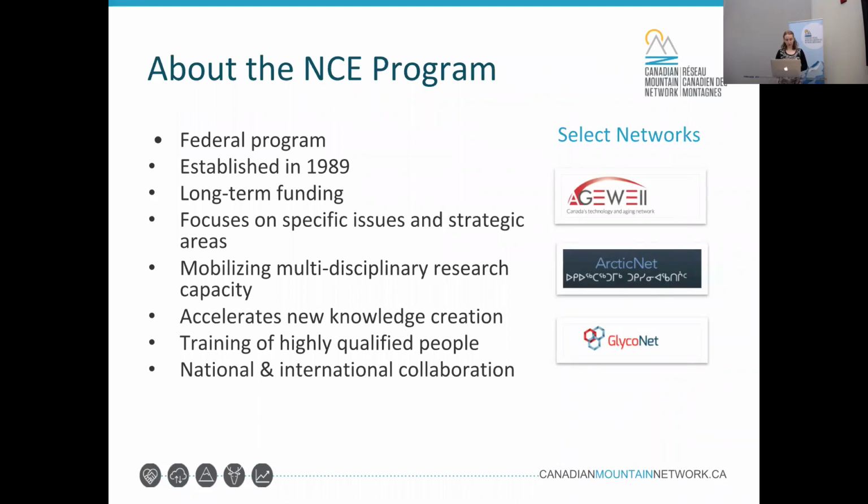So an average between 15 and 25 projects in 3 to 6 theme areas, 50 to 75 professors in 10 to 20 universities across the country, 100 to 200 highly qualified personnel, and 50 partner organizations. Those are just some average numbers to give you an idea. And with that, I'm going to pass it to David to talk a little bit about the competition.